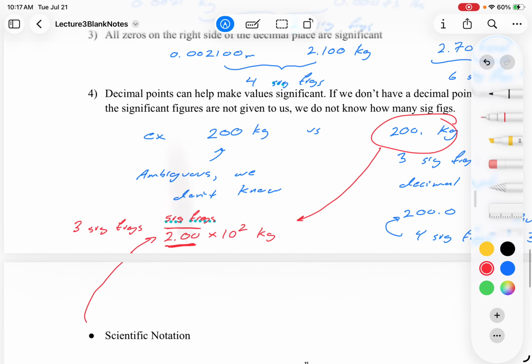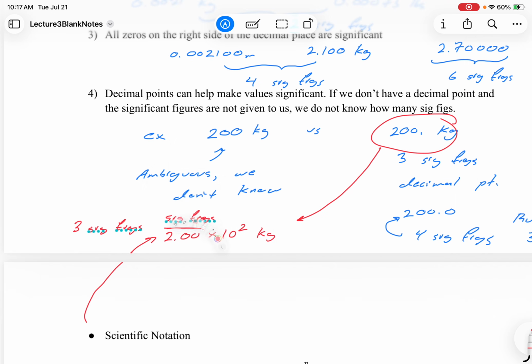Anything you put here is the amount of sig figs. Let's say it is 2.000 times 10 to the 2. That's 4 sig figs. So whatever you put there is your sig figs, except for the 0. You don't count that. So just remember your rules and you'll be fine.